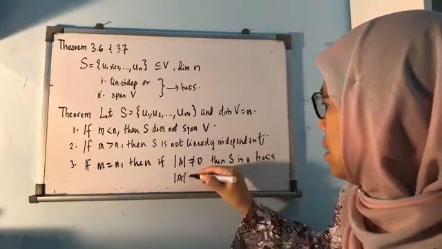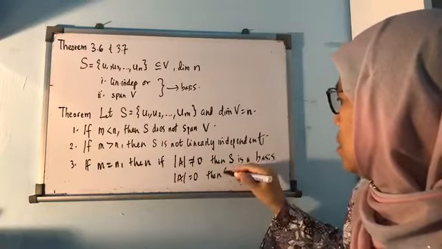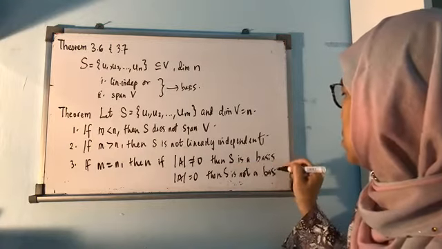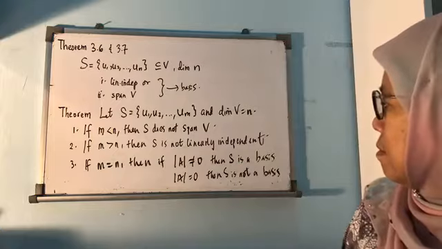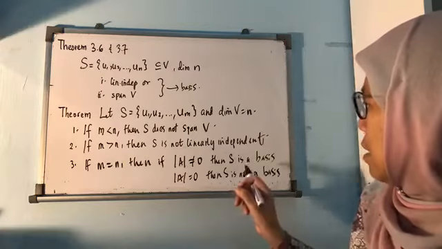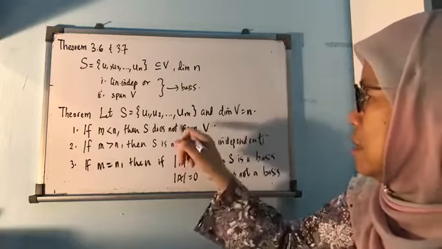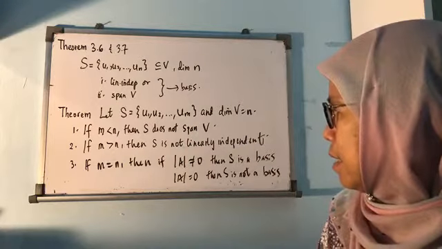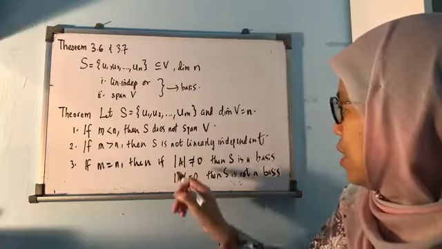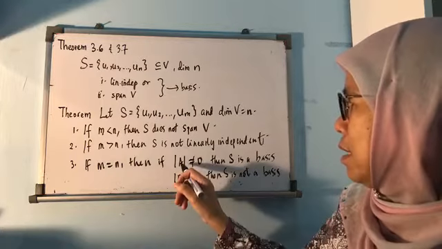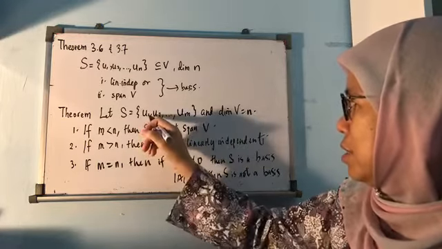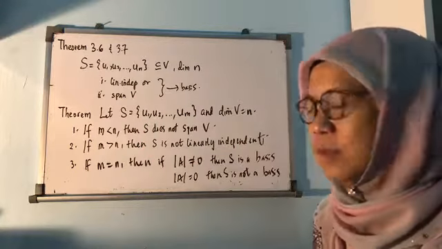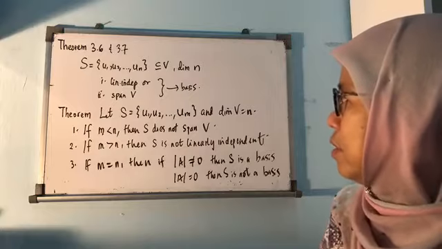And if it is 0, then S is not a basis. It is not a basis because it is not both. What is A? A would be the matrix in which the vectors are formed as the columns. Alright? You have seen this before.